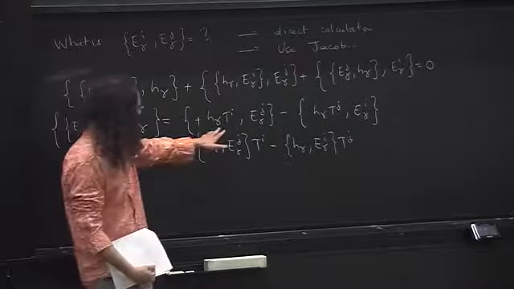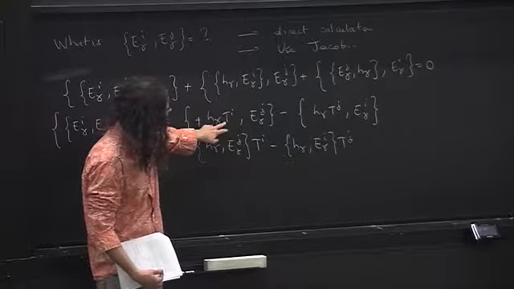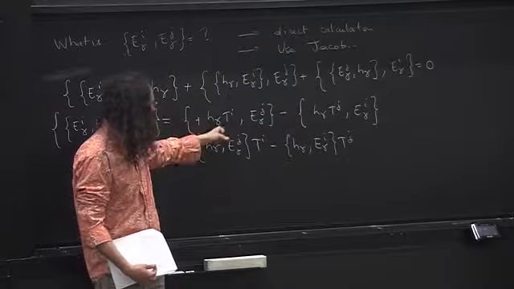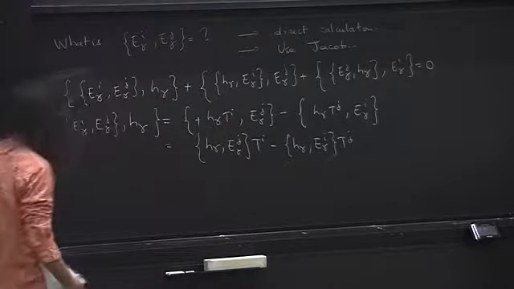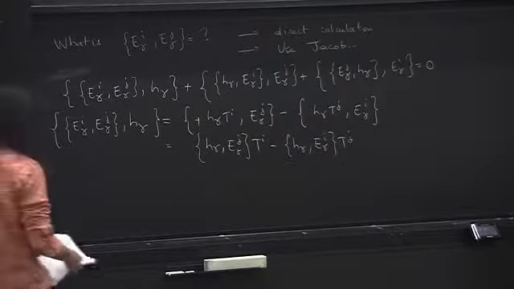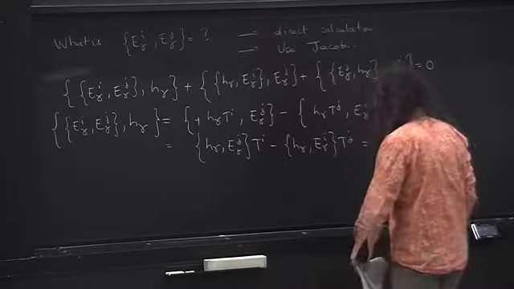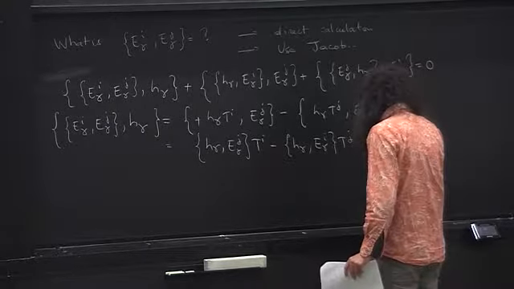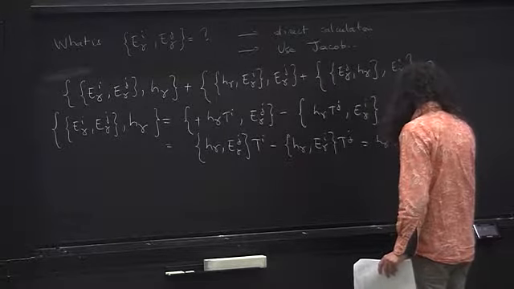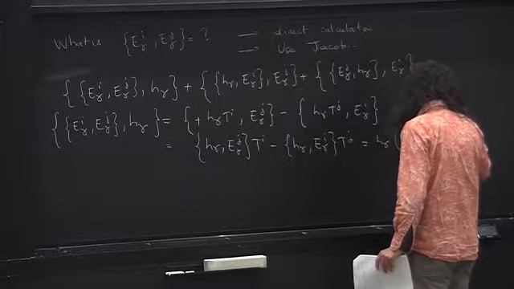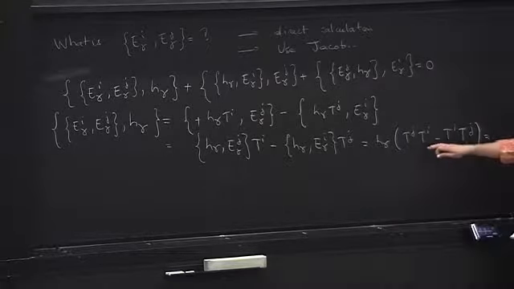So I can move the generator to the right. I cannot move it to the left because it doesn't commute with h_γ. And then I apply again the formula that I found. So it gives me h_γ (T_j T_i minus T_i T_j). So that's the commutator.